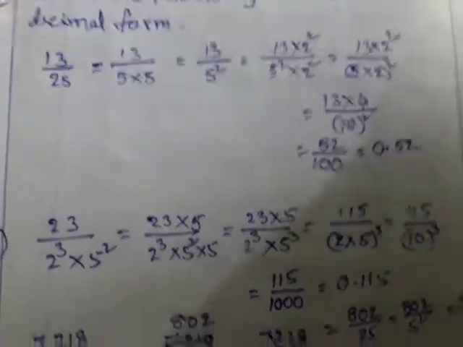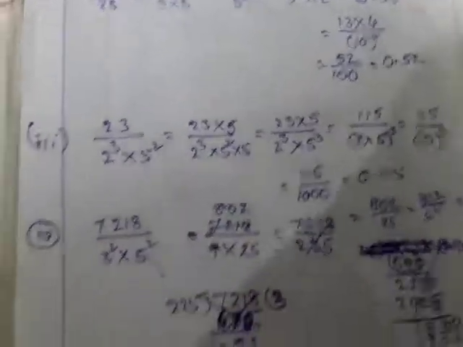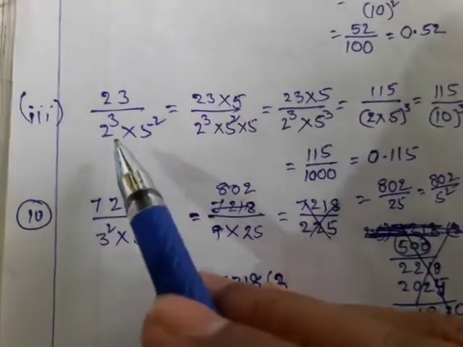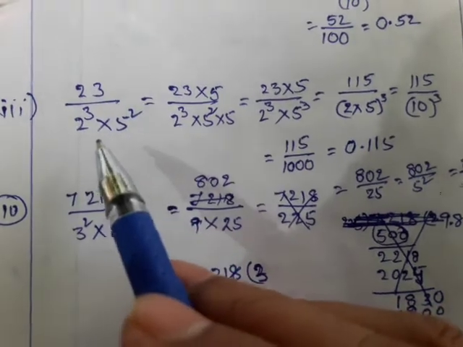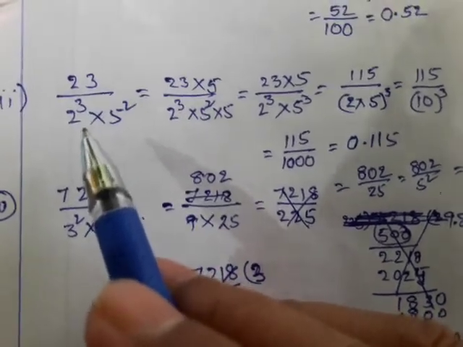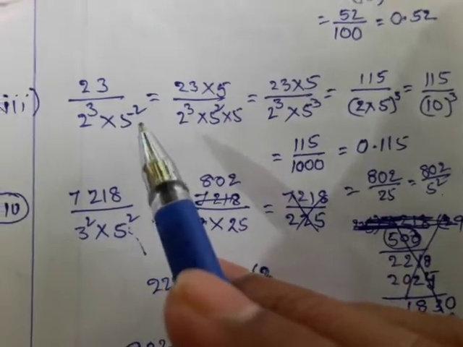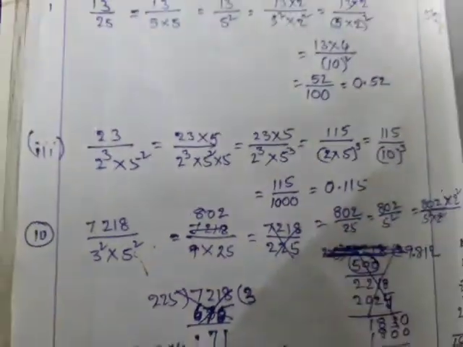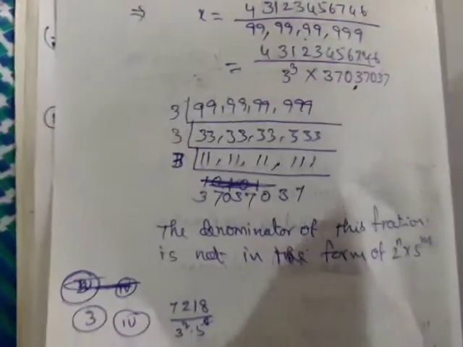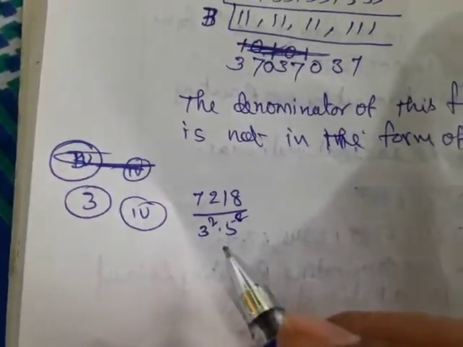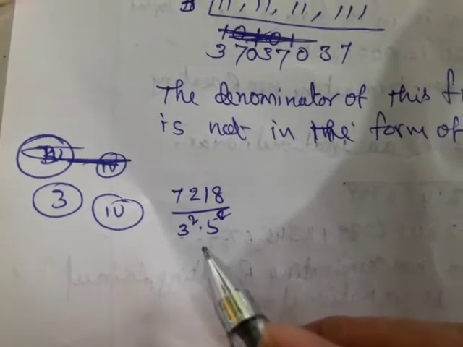In this sum, the denominator is also in the form 2 to the power of n into 5 to the power of m. But in this fourth sum, it is not in the form of 2 to the power of n into 5 to the power of m.